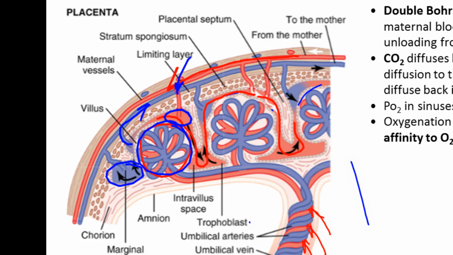In a fetus, the situation is different. Umbilical arteries deliver deoxygenated blood to the placenta, while umbilical vein gets oxygenated blood back to the fetus. Does it make sense? In the mother, uterine arteries deliver oxygenated blood to the placenta, and uterine veins take deoxygenated blood from the placenta back to the mother.